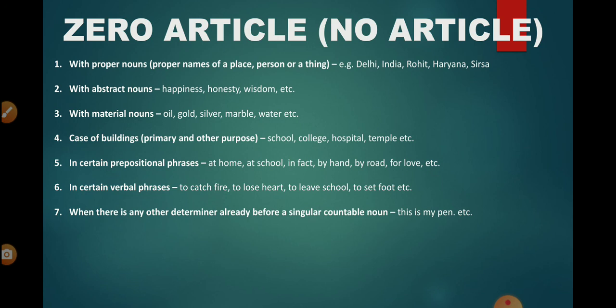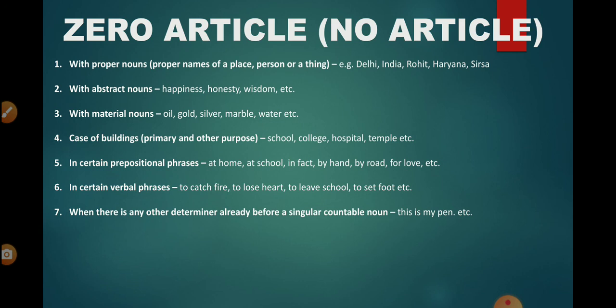Let's take an example. School is meant for students and teachers. Students go there to learn and teachers go there to teach. And if we say the student is going to school, students are going to school for the same purpose for which that school exists. So we will not use any article here.